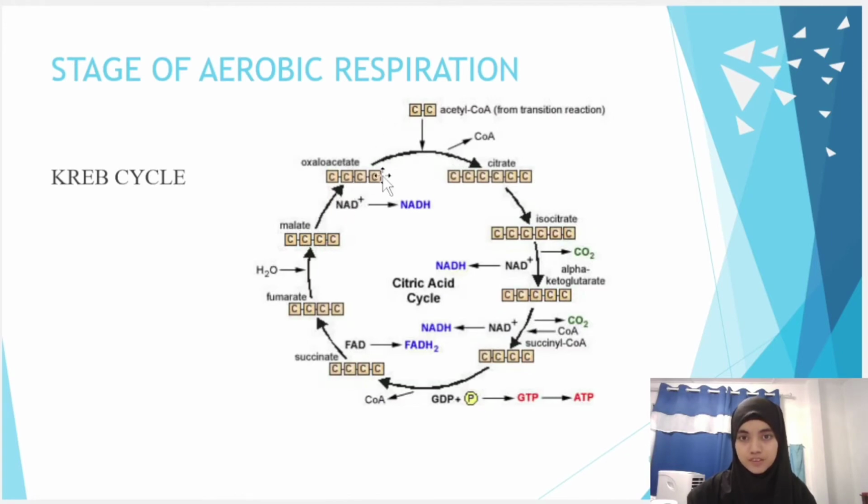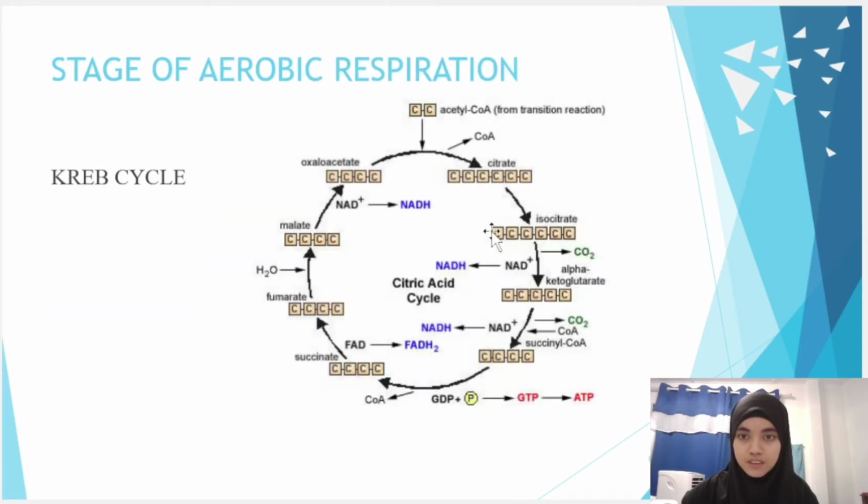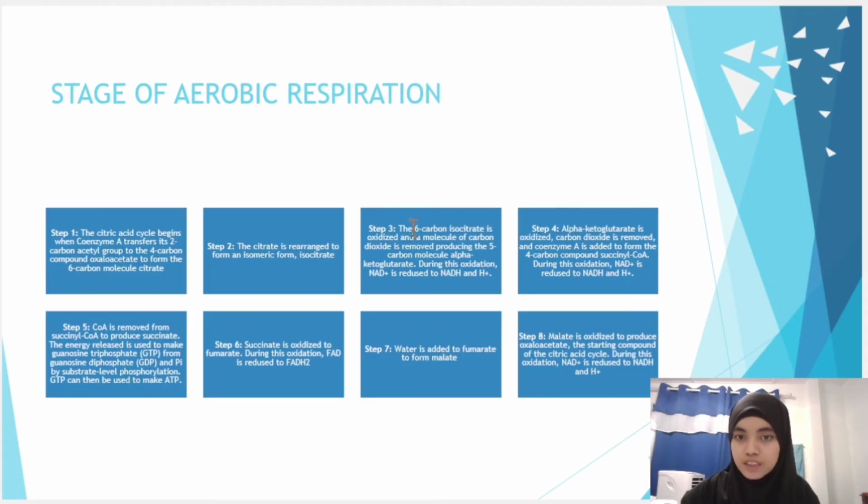And then the second step, the citrate is rearranged to form an isomer, isocitrate. Next, the 6-carbon isocitrate is oxidized, and a molecule of carbon dioxide is removed to produce the 5-carbon molecule alpha ketoglutarate. During this oxidation, NAD+ is reduced to NADH and H+.